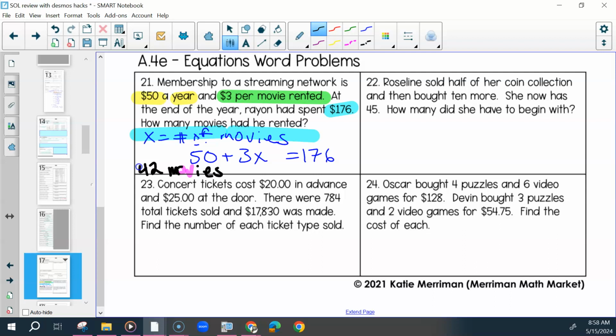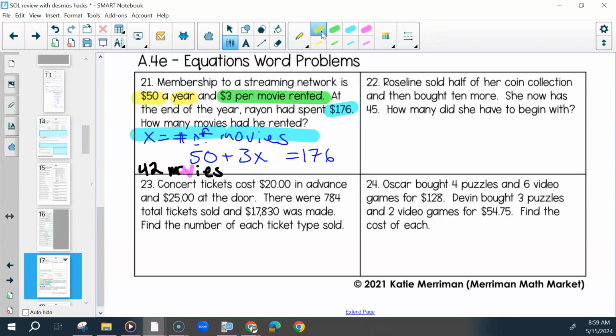It jumped to a different color. Questions on that one? We're still going to do 22 first, so hold that question.